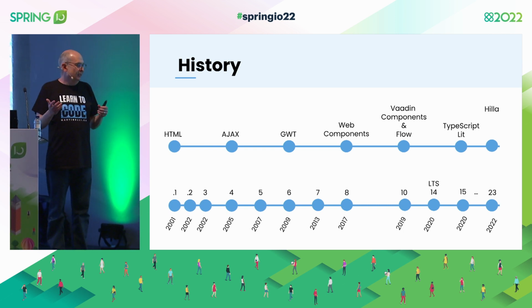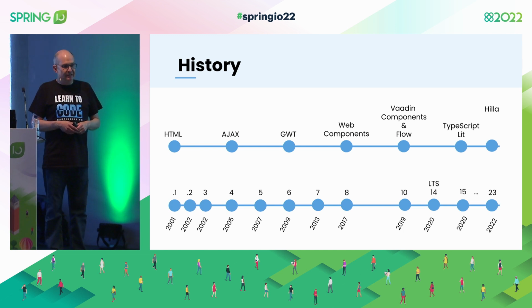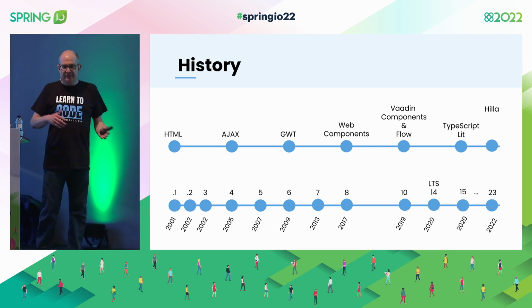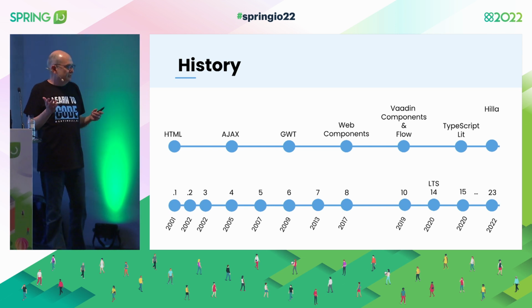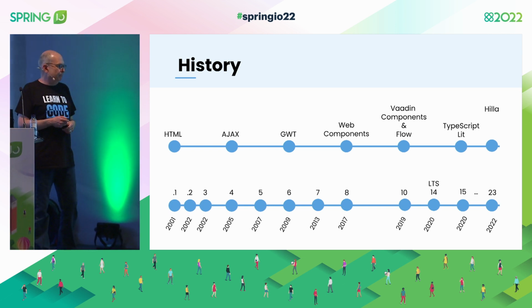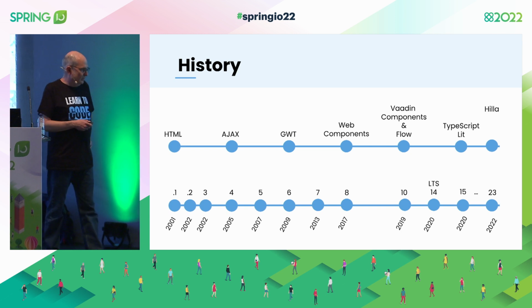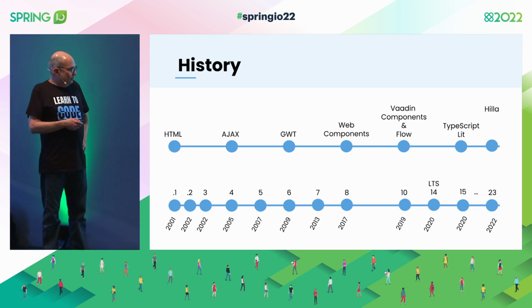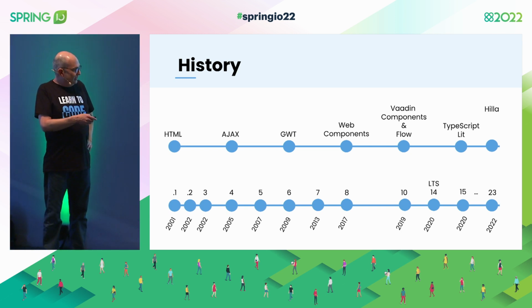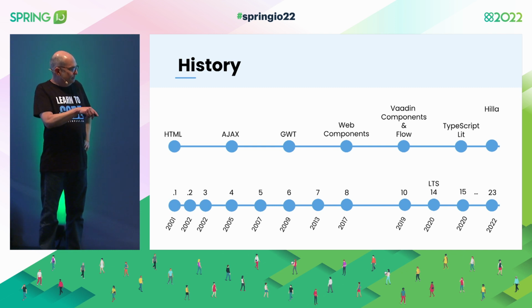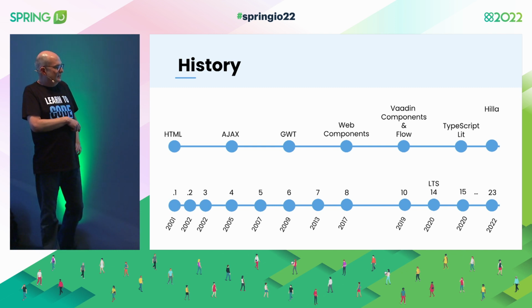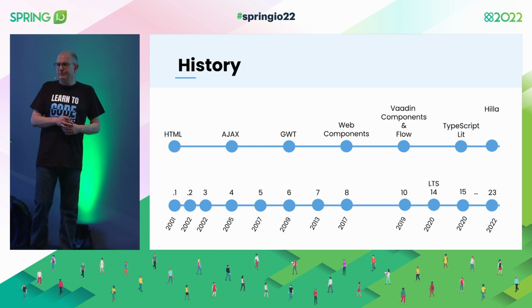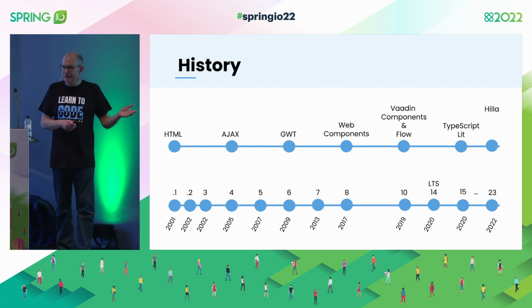I just know that currently a lot of companies are trying to migrate from the old Vaadin to the new Vaadin version, so that's not so easy sometimes. Most of the time it's not that hard. So currently we are in 2022, and you see between 19 and 22 there were 13 versions. So that looks a bit odd, right?